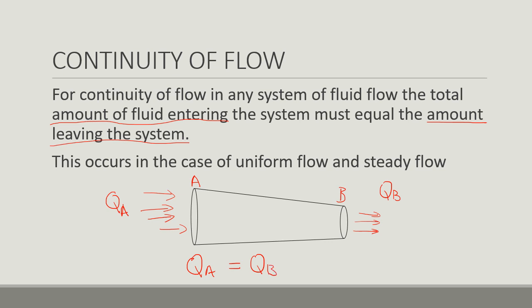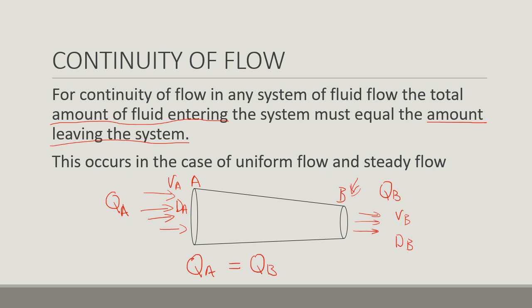At point A, or at the cross section A, we have the velocity of the fluid VA, and we have the diameter of the fluid. Let us represent that with DA. And at this other point, point B, or cross section B, we have the velocity of the fluid VB and DB, the diameter of that cross section.